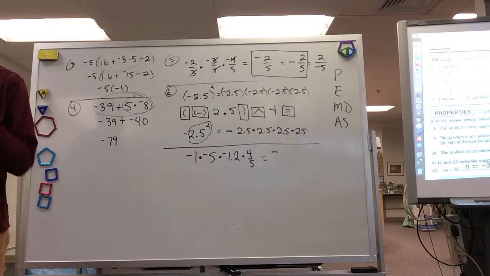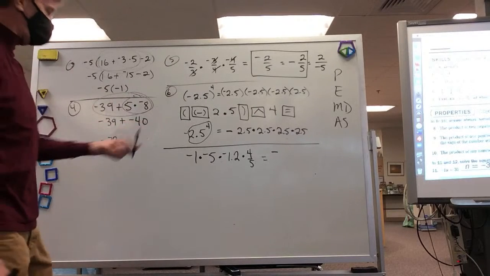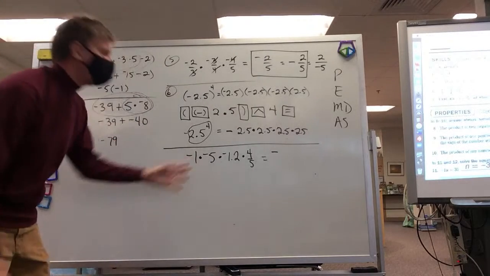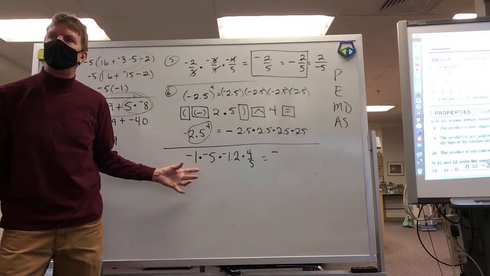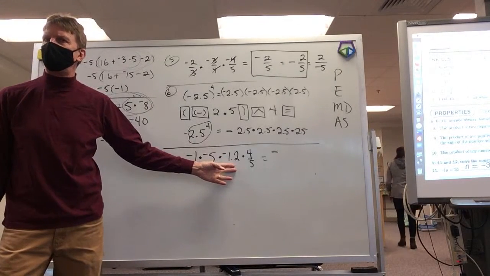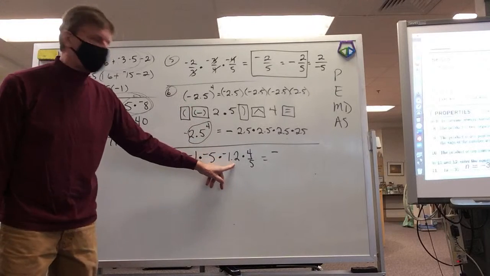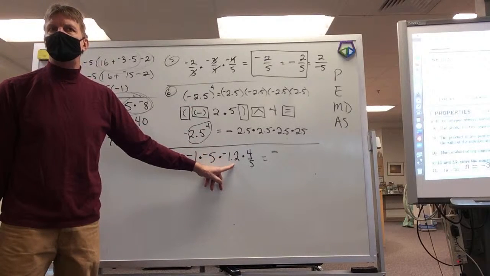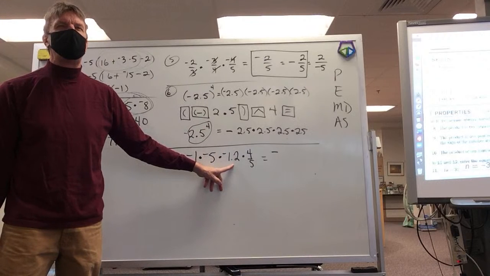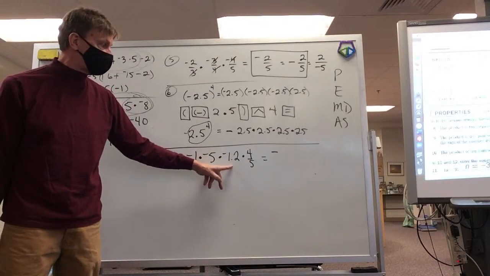Wait, so then what is it? Well, the answer is negative. I mean, we got to do what we know is right. And we're good with this being a negative answer? Yes. Okay, 1 times 5 is 5. What's 5 times 1.2? 6. Just like 5 feet is 5 times 12 inches is 60 inches, so that's 6.